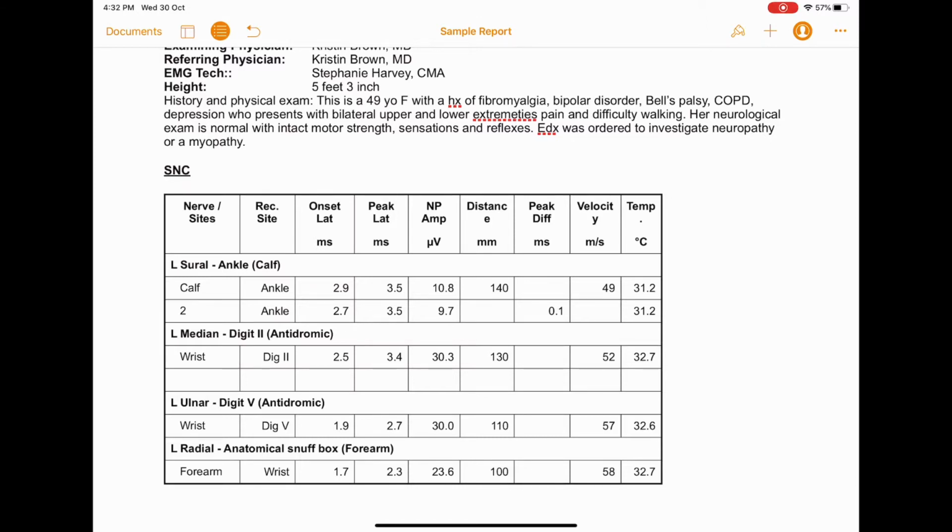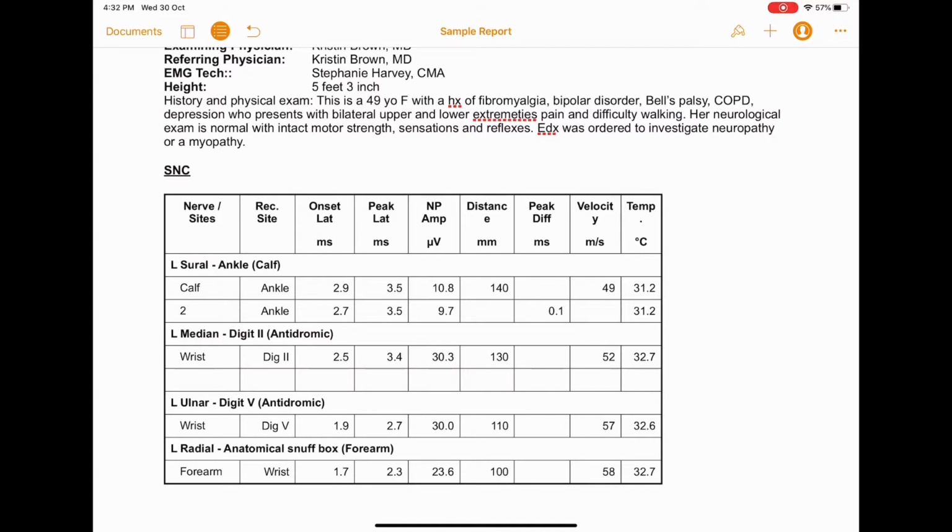Now, a thing to note is that we have mentioned temperature for every action potential, and temperature is very important, and it can affect your latencies, conduction velocity, and even amplitudes in different ways, and we will talk more about it in interactive sessions. Now, how do you know what the normal values are for these?